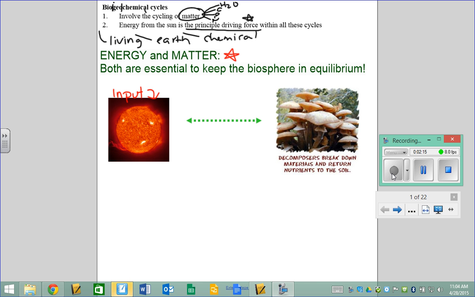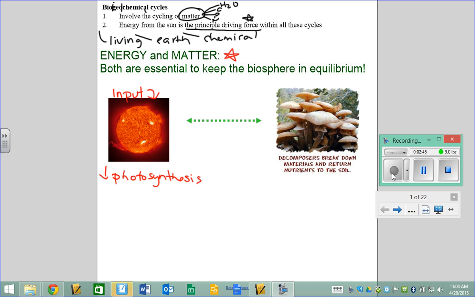So let's talk about the sun, which is our energy input. If we removed the energy input on our planet, what would happen? And you might say, well, one thing that could happen, goodbye to photosynthesis. So you'll say, oh, well, that's affecting living organisms. That's not affecting just cycling of matter. But let's delve a little deeper.